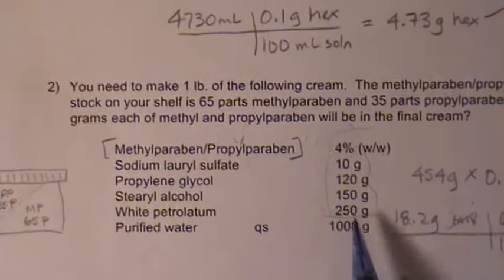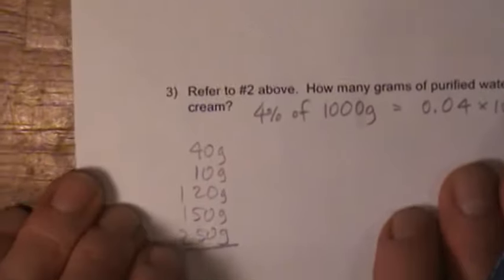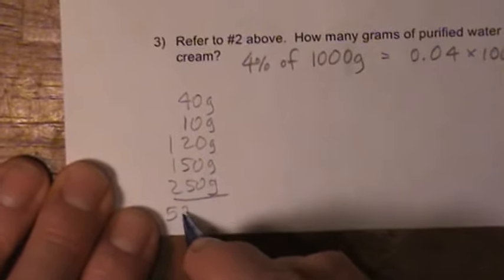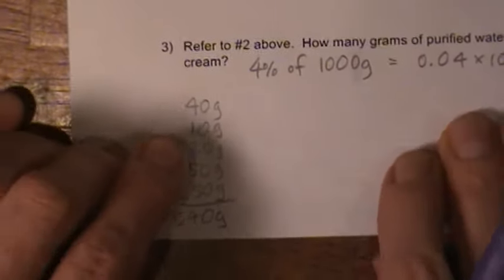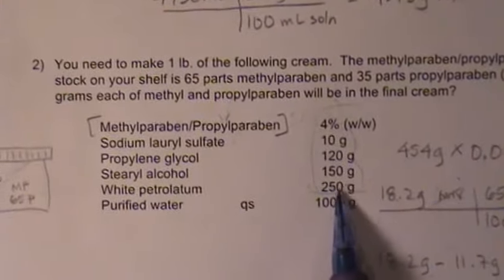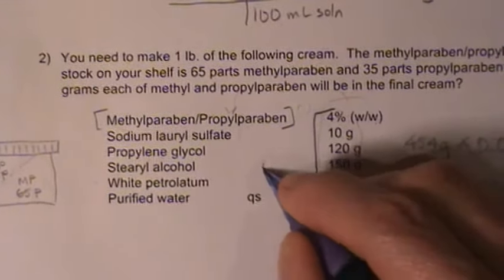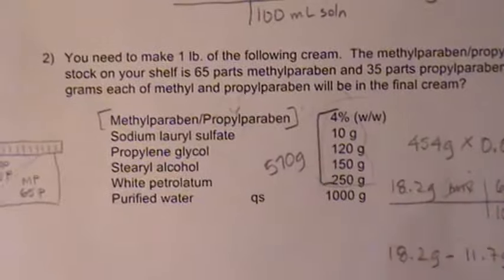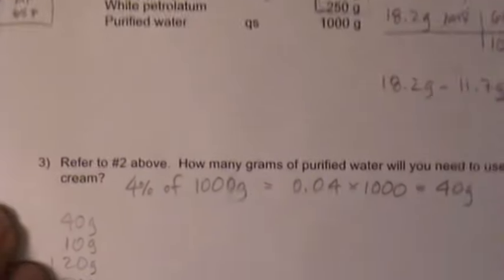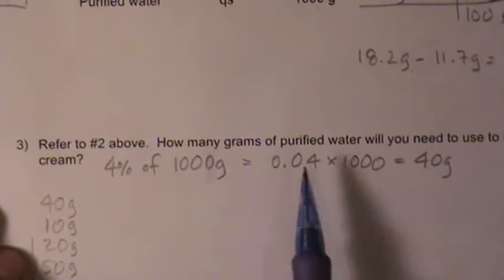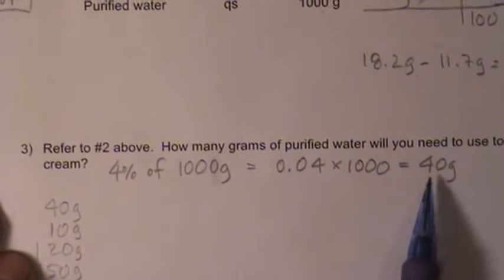From there to there, all right? And what I get is a total of 570 grams. So looking back up at this recipe for the 1,000, all of this weighs 570 grams.